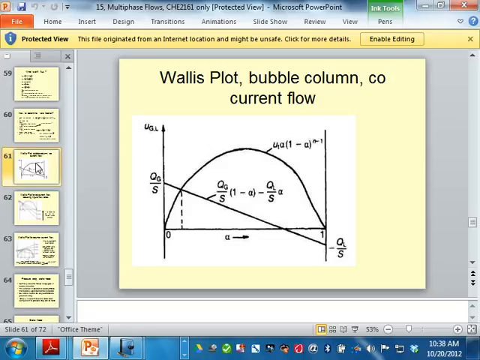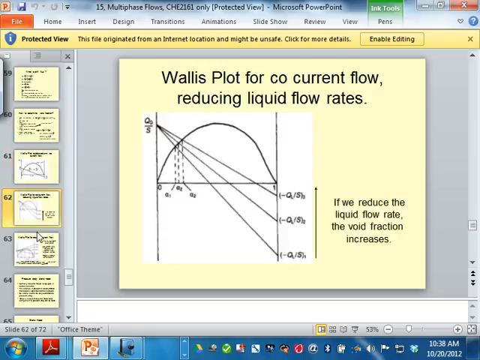In some cases, what's happening here? If we reduce the liquid flow rate, the void fraction increases. Reducing the liquid flow rate means actually, in this case, increasing the downward flow direction.